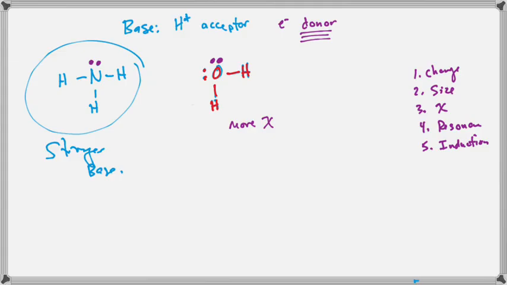The challenge with base strength, as we've already discussed, is our natural reflex is to fall back on the thing that we've done the most often. And when we talk about acid strength, we've done that forever. And when we look at acid strength, our step one is to draw the conjugate base. No, it's not. It's to identify the electrons.